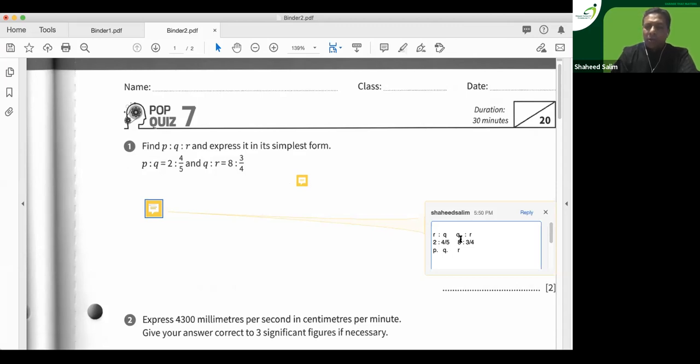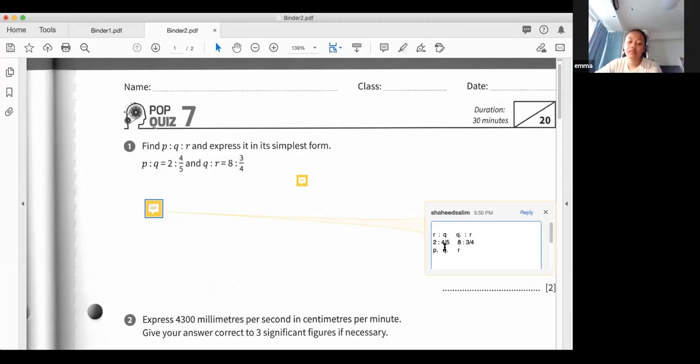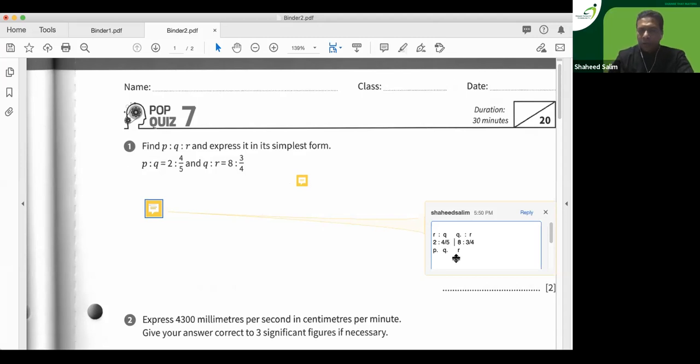Okay, so you try now. 8 divided by 4/5. What's the answer? You can use your calculator. 10. Times 10, is it? Yeah. So now you times this by 10. You must also times this side by 10. So P, 2 times 10 is how much? 20, correct?